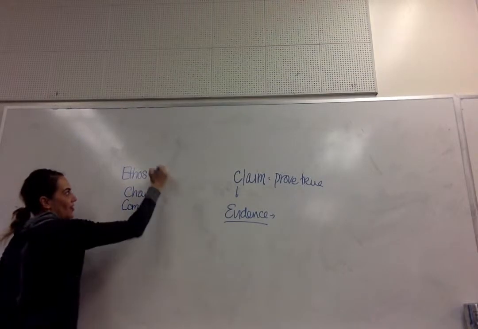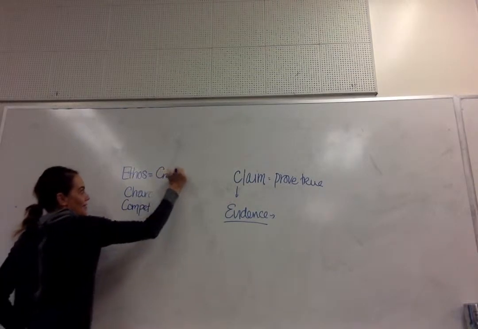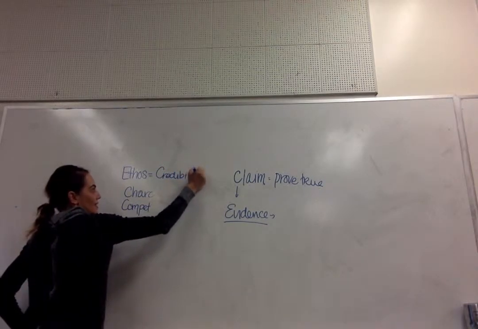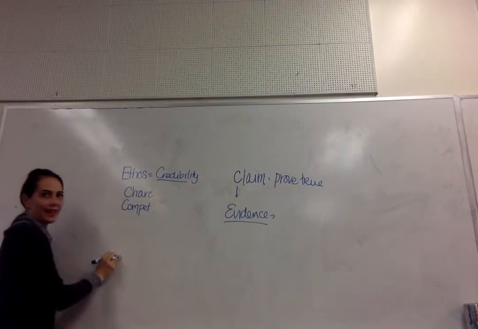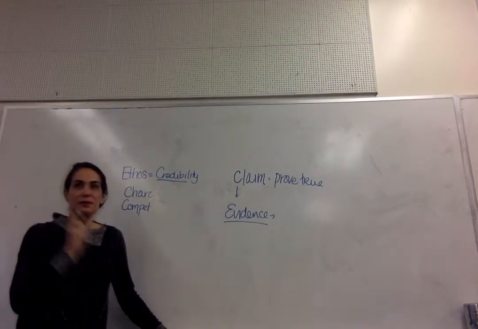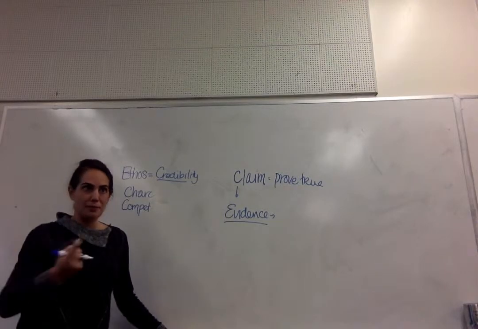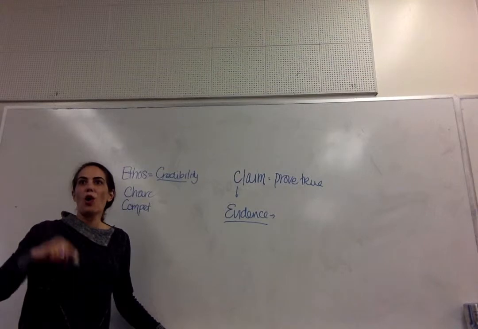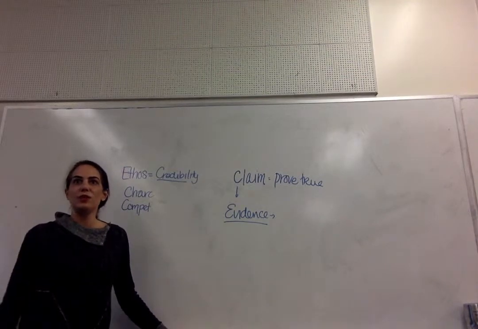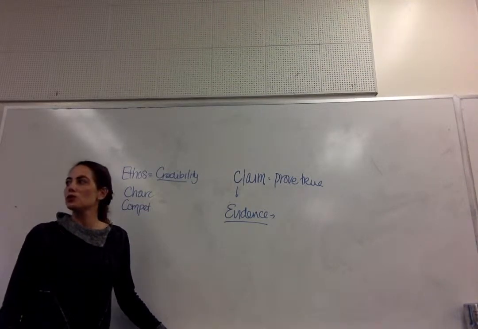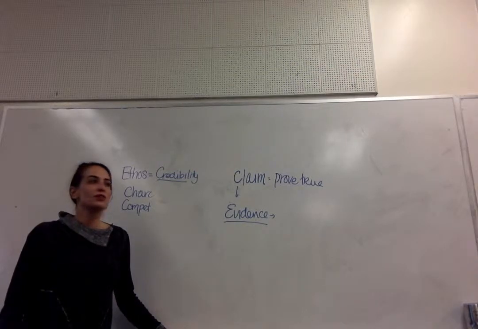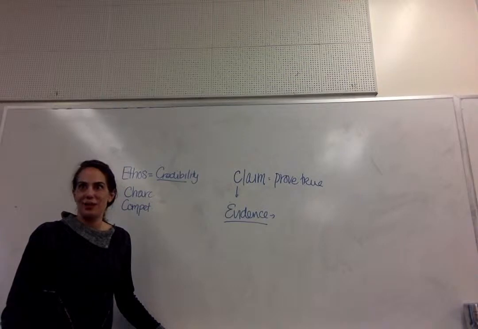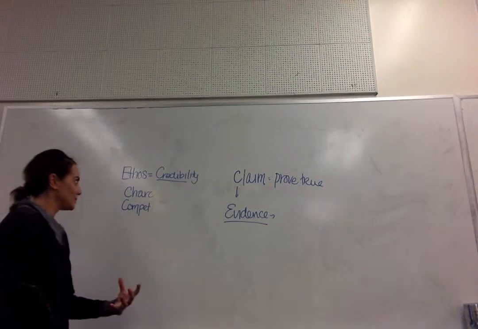And it is all under the heading of credibility. Absolutely. The credibility of the speaker. So it's the audience's perception of the credibility of the speaker. And then you also are going to be utilizing not only your own personal credibility, but the personal credibility of the experts and research that you are giving in order to persuade your audience.